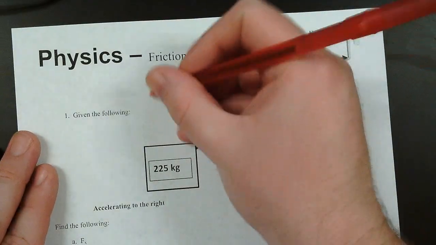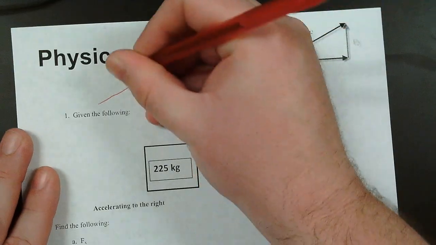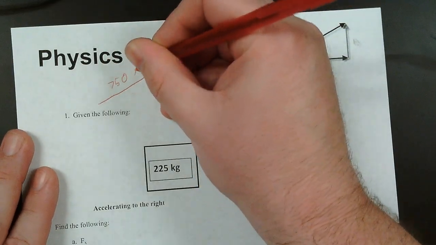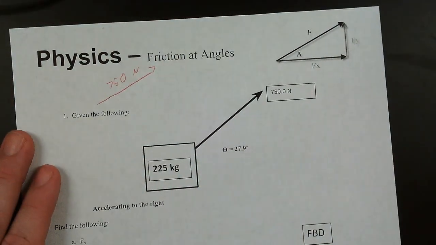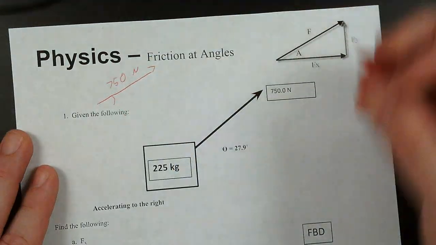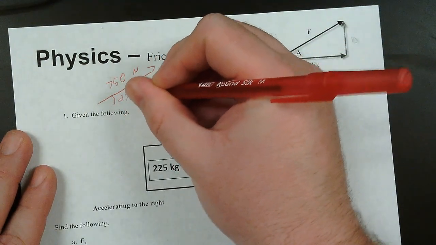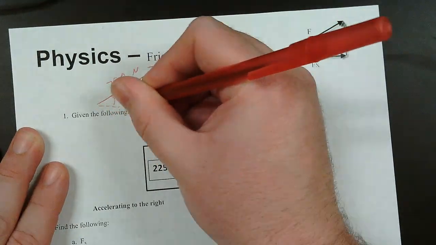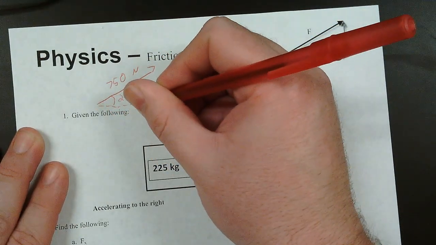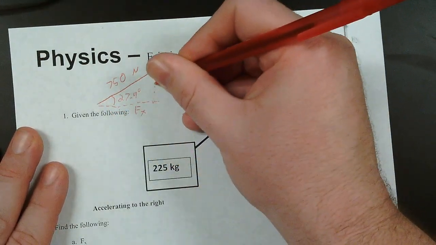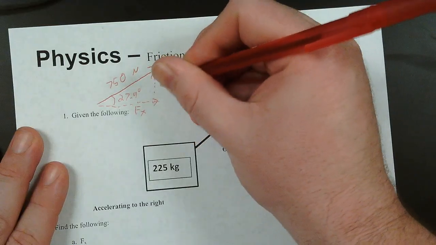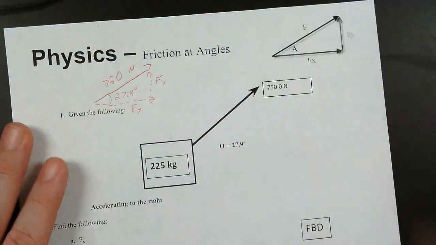Alright, so first of all, I have my 750 newtons here at this angle. It tells me it is at an angle of 27.9 degrees. And I will do a dotted line for my Fx and a dotted line for my Fy.